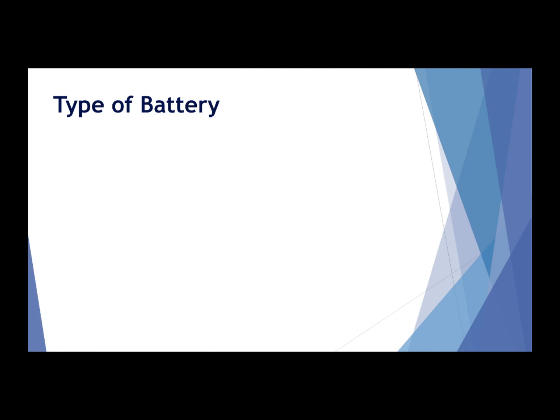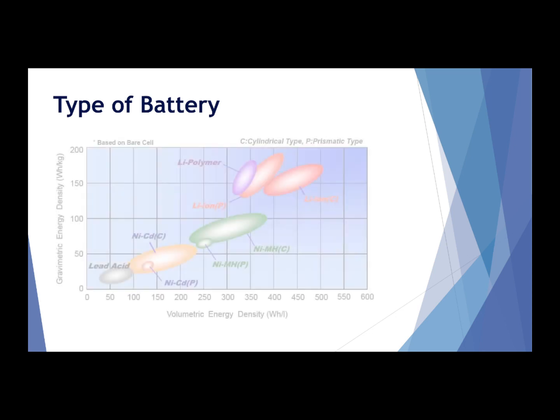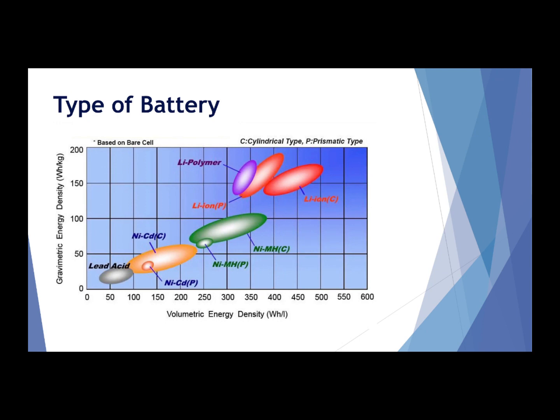Now there is a problem. To power up the Arduino Nano, we have to select a battery. What type of battery should we go with? There are plenty of kinds of batteries available in the market. What type of battery should we choose? Yes, this battery chart will help us select the proper battery.